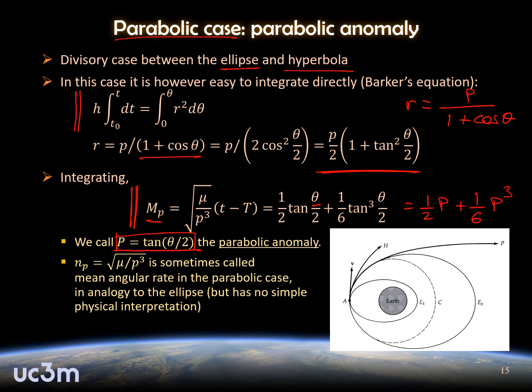Now, also we can call the square root of mu over p cube the parabolic anomaly. Again, it doesn't represent anything physical, but it's just to keep the analogy with the other cases as well. So you see that in this case we have this different formula for Kepler's equation, but it's possible to solve it nonetheless, of course.